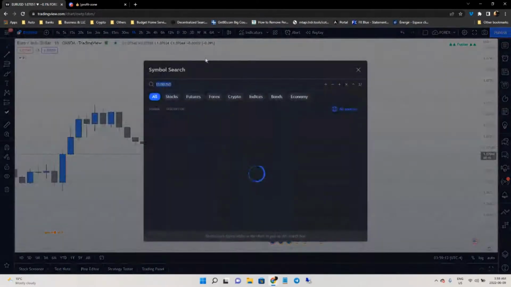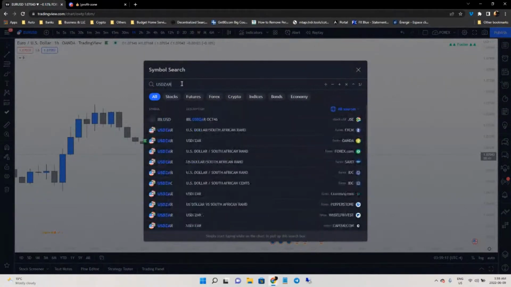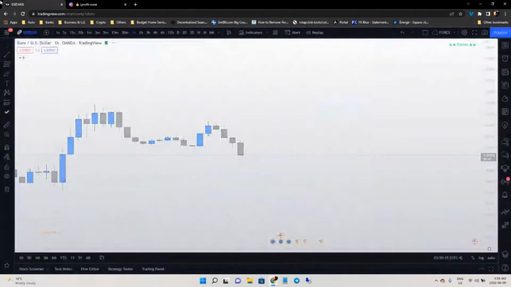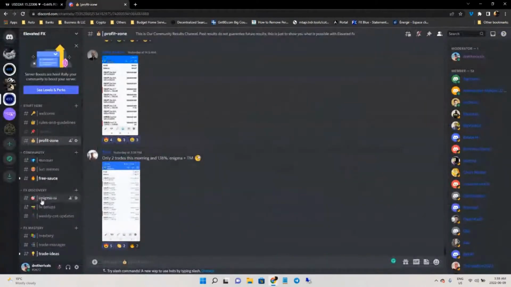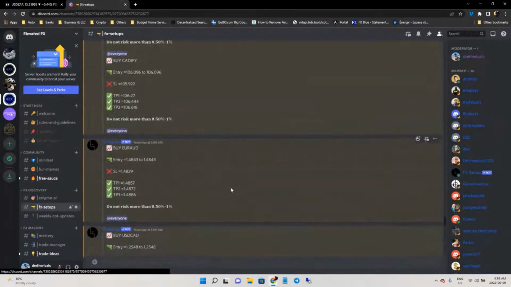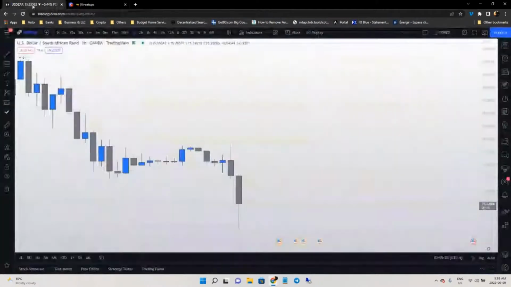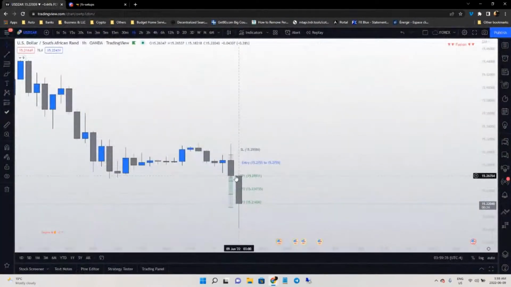I'm just gonna go back on the USD ZAR trade ideas that we had. I'm just gonna go on FX setup at the same time. So that was the last. So this sell, like I said, it was going too fast for me to get in. Okay, but I'm gonna show you. I'll share.